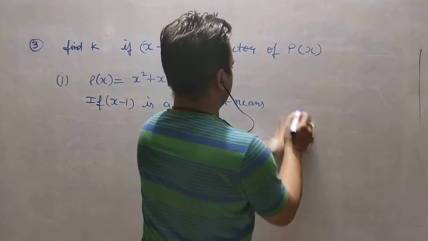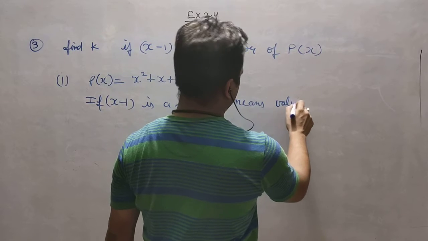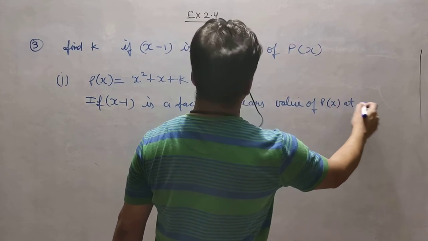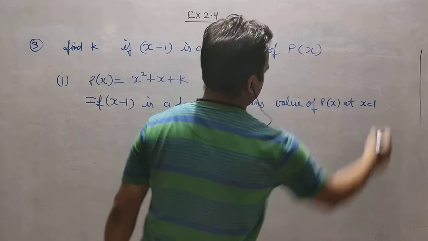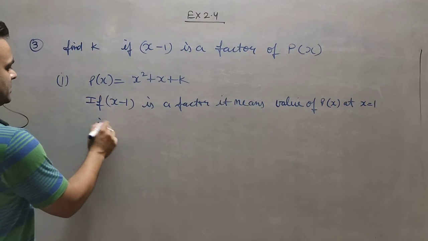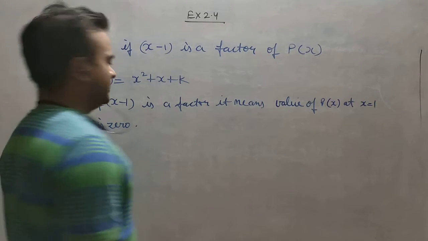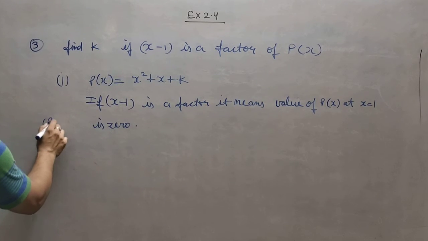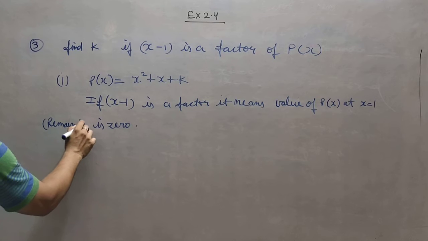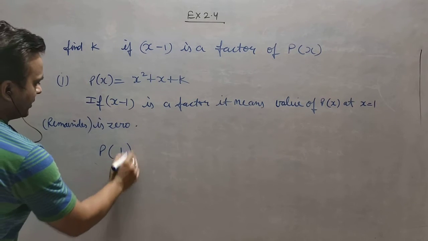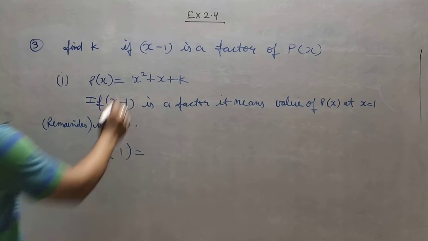the remainder means the value. We can write the value of p(x) at x equal to 1 is 0, right? And what do you mean by this? It is the remainder actually. So what we will do, in place of x we will put 1.